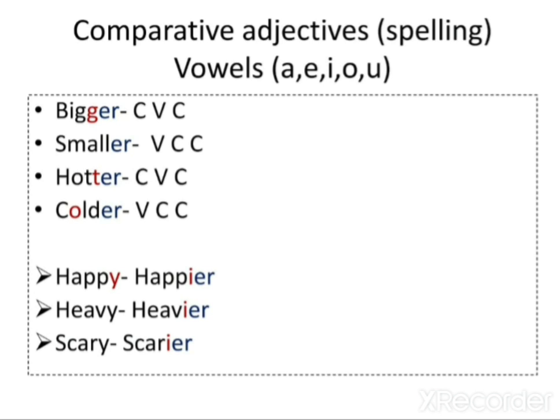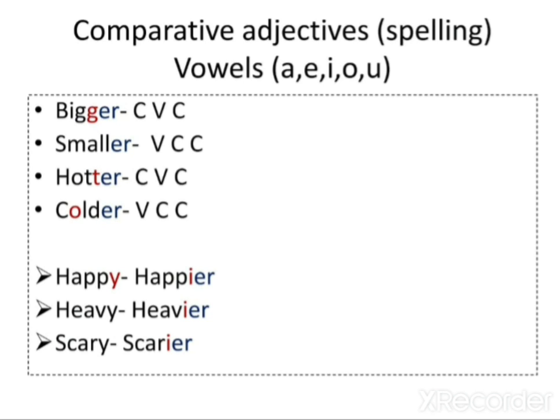B is a consonant, so I have put a C. I is a vowel, so I have put a V. And G is a consonant, so I have put a C. When you have consonant, vowel, consonant, you need to add a second consonant or a second letter.